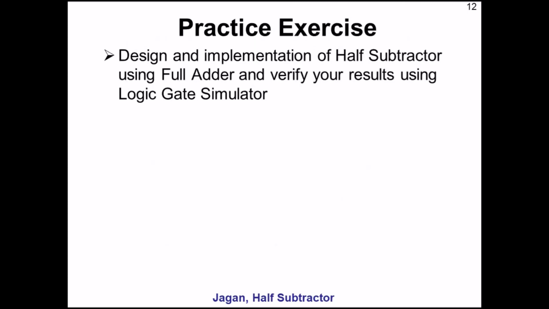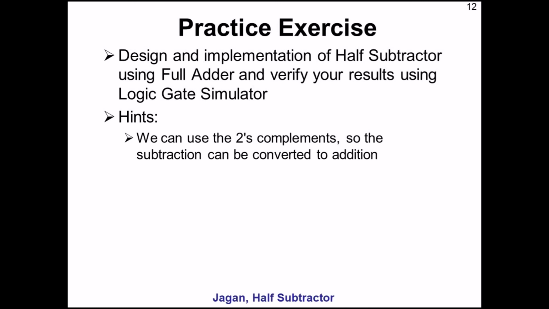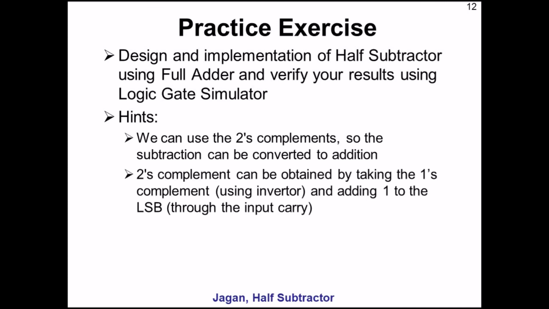Practice exercise. Now it is your task to design and implement the half subtractor using a full adder and verify your results with the logic gate simulator. And as I have given the hint in the introduction, you are going to use the 2's complement so that you convert the subtraction into addition. So how do you take the 2's complement? First, take the 1's complement using an inverter.